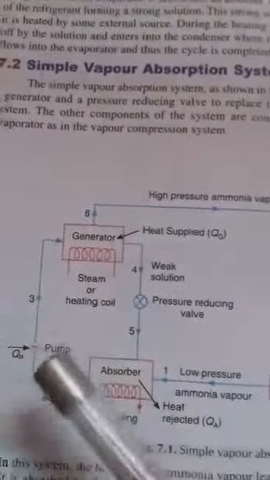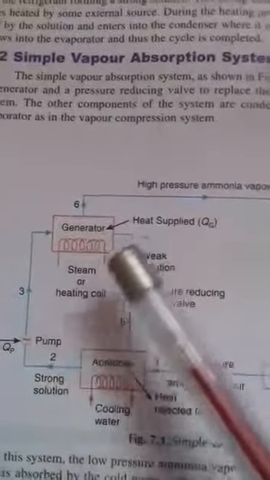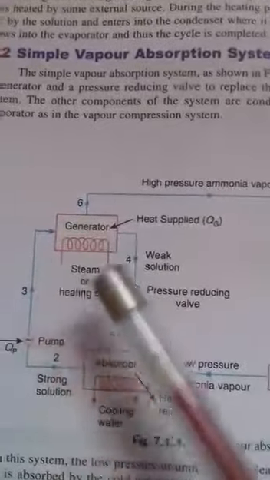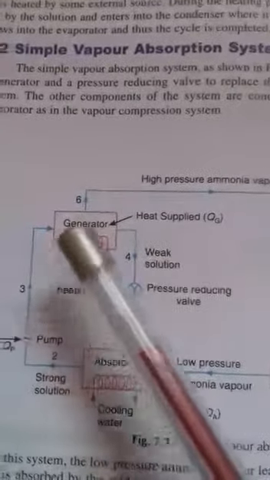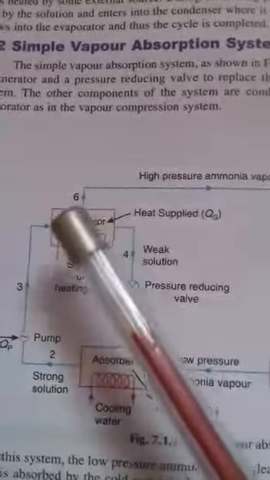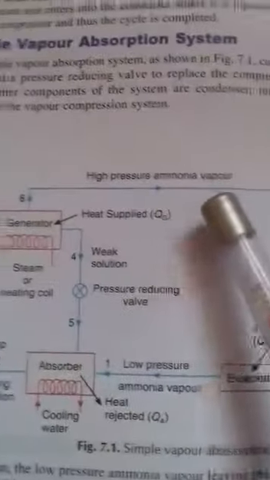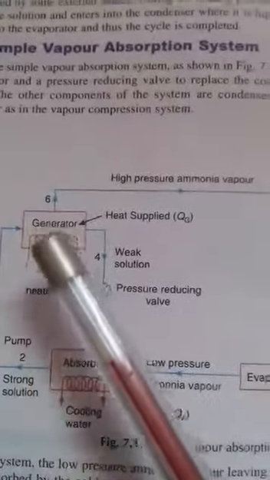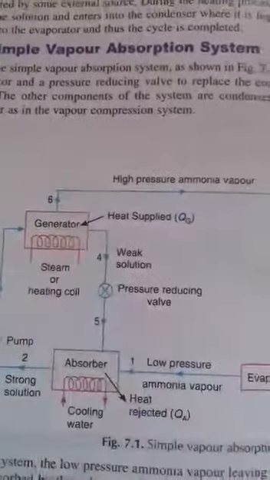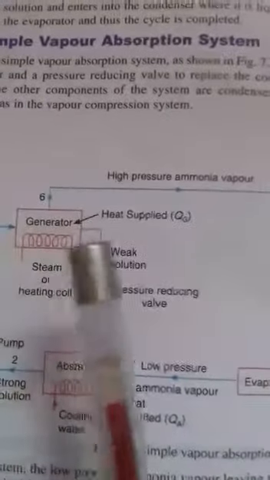Water separates, the gas moves up and goes to the condenser, while the water with aqueous ammonia, the dilute ammonia water solution, is sent back to the absorber through the pressure reducing valve. The pressure reducing valve reduces the pressure of the aqueous ammonia solution and it is sent to the absorber.